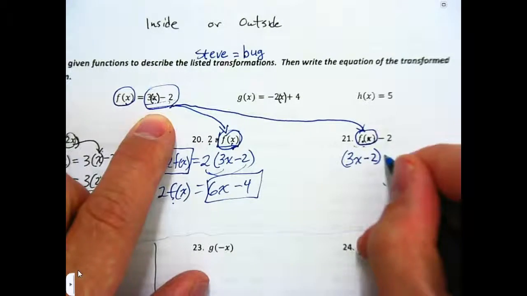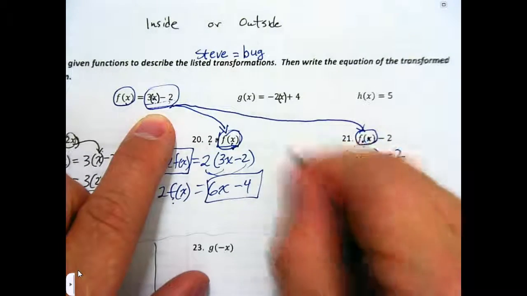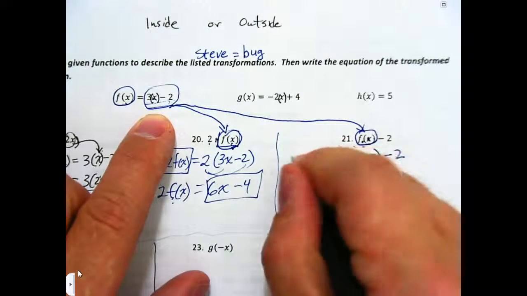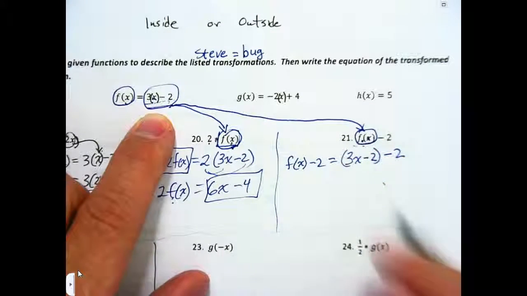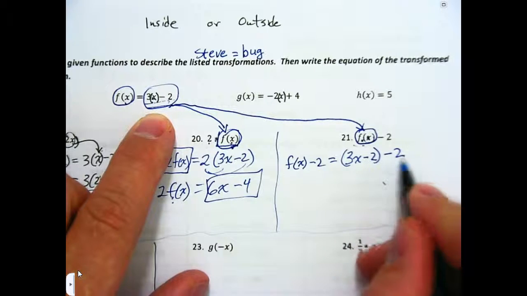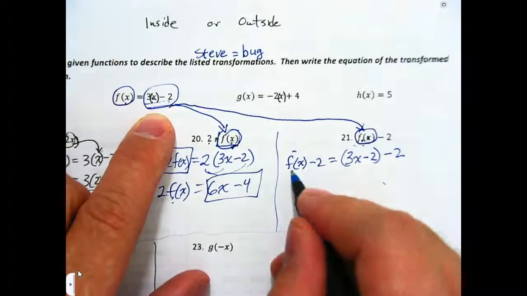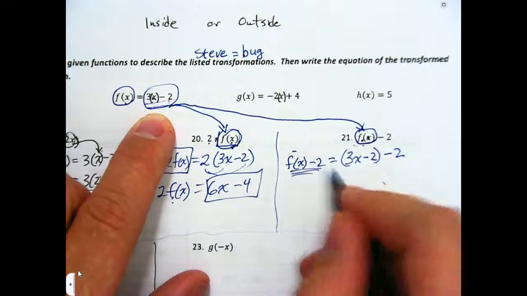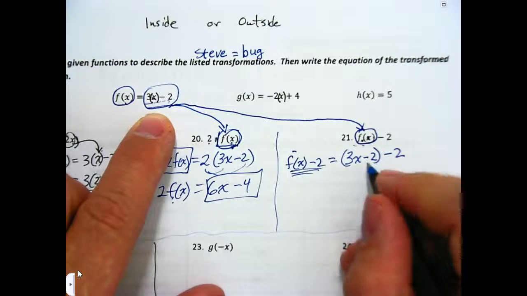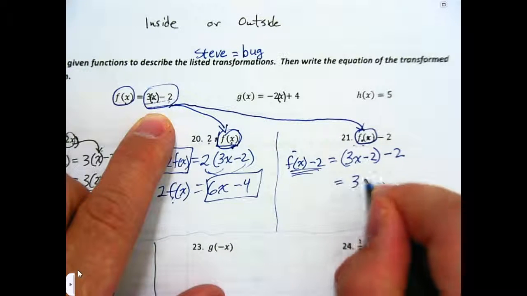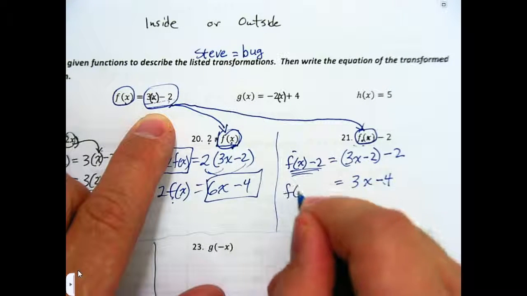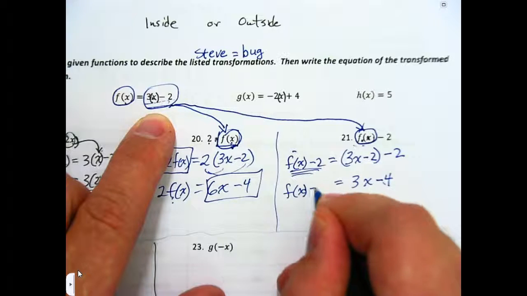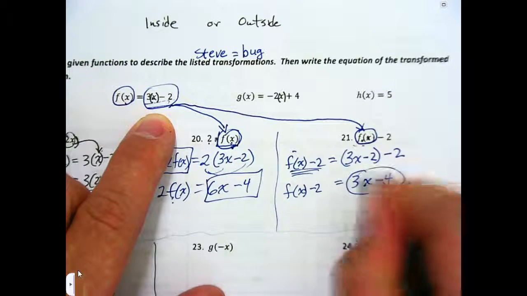And then we have that minus 2 on the outside. So this says f of x minus 2 is equal to 3x minus 2 minus 2. Now remember, do we need to do any math on this side? No, that's just its name. This is equal to 3x minus 4. So f of x minus 2 is equal to 3x minus 4.